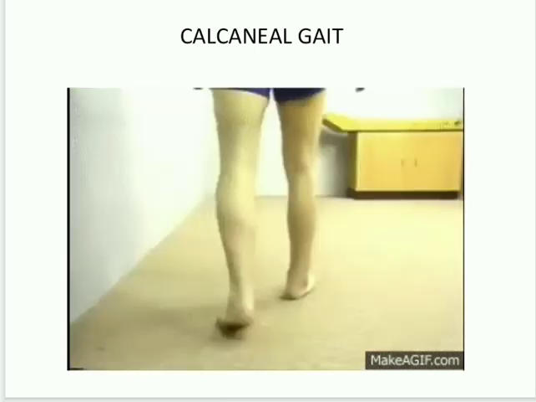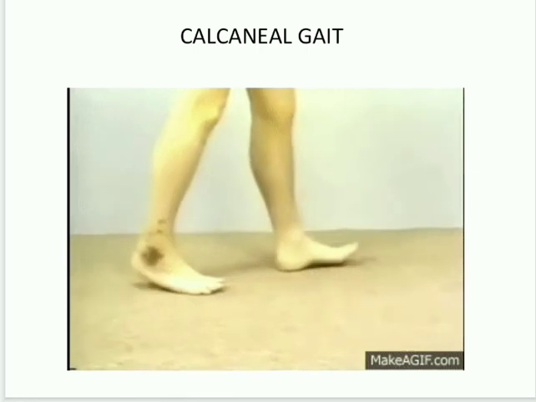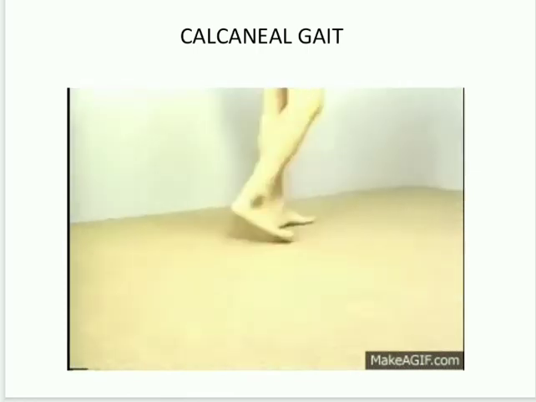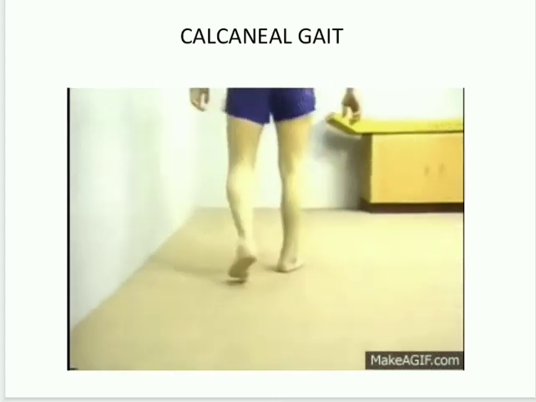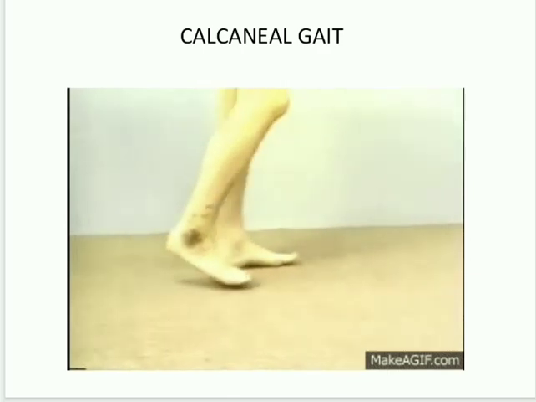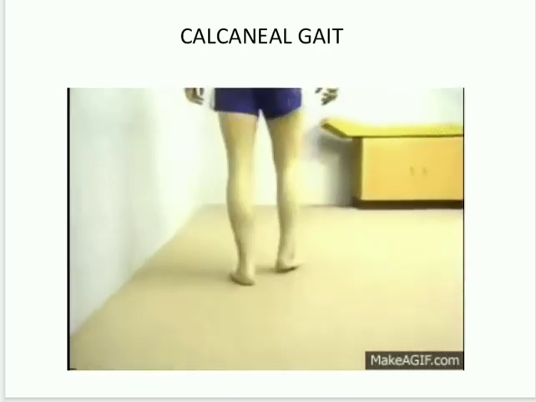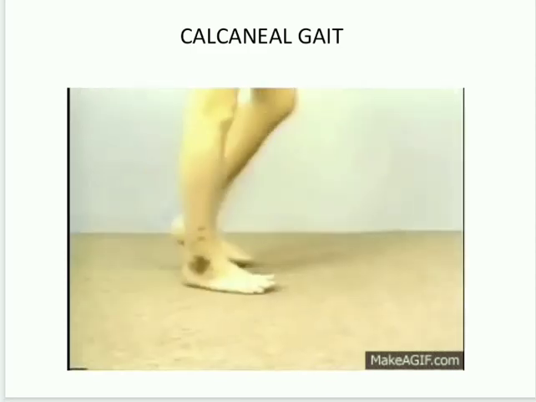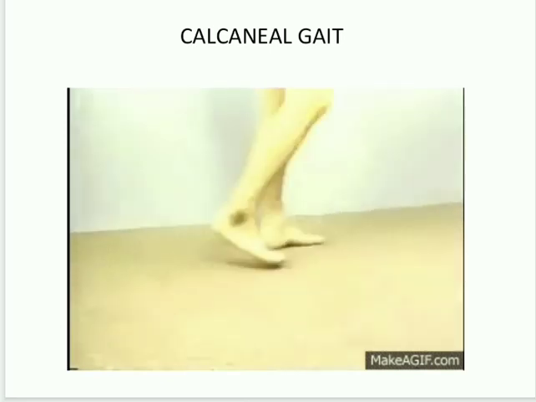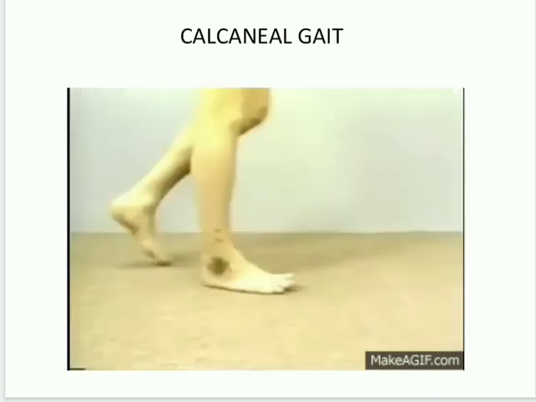While walking, you can observe there is absence of foot flat, mid stance and toe off. You can see only heel strike and heel off. So the patient can walk only on the heel or calcaneum. That is your calcaneal gait, which you can see in polio patients.